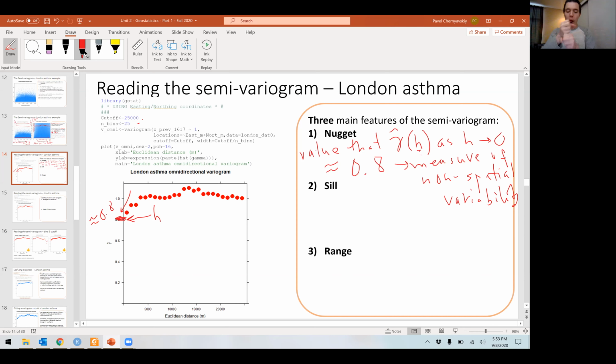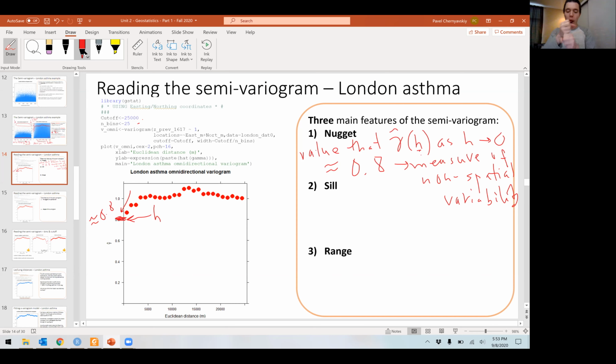I'll show you in about a sec that I can change the number of bins, and I can even sometimes change the cutoff, at least to be lower, not greater. And the variogram will still attain a maximum of approximately 1. So past a certain point, call it right there, there is no systematic variability.